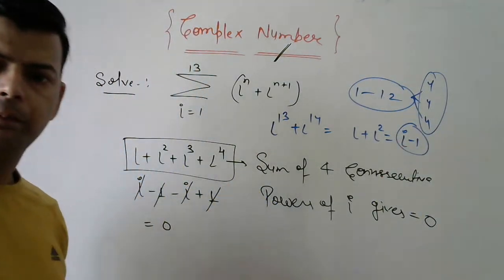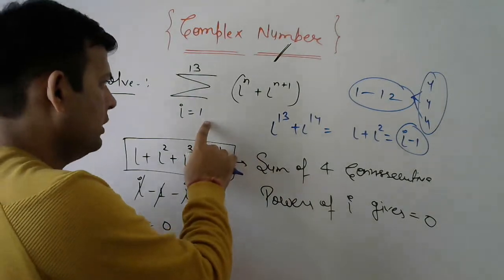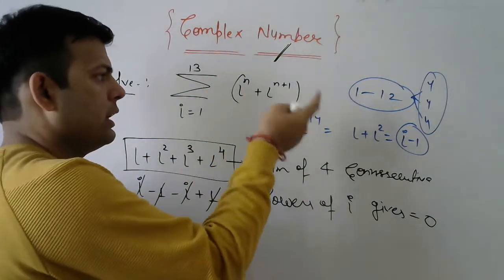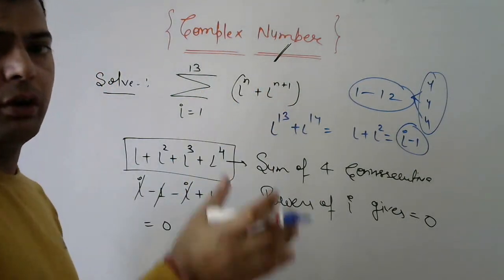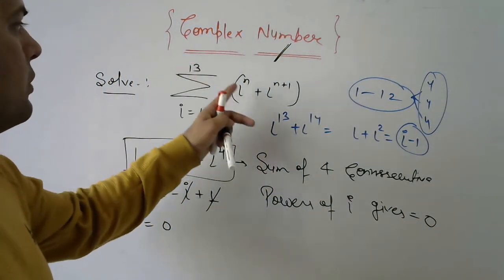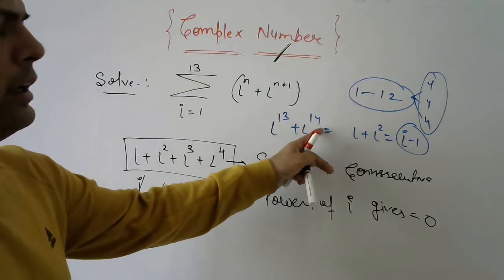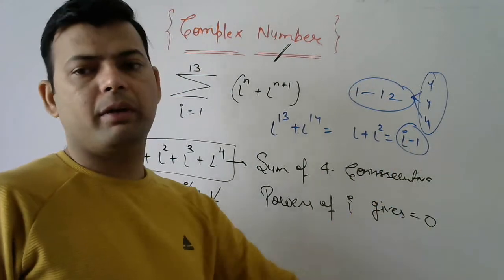That's it, simple. We can solve it directly. If I put 1, 2, 3, 4 up to 12, I get groups of 4, so that will give 0. The remainder will be 13, so 13 here and here gives 14. After solving this, I get iota minus 1.